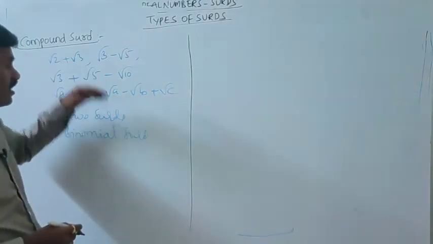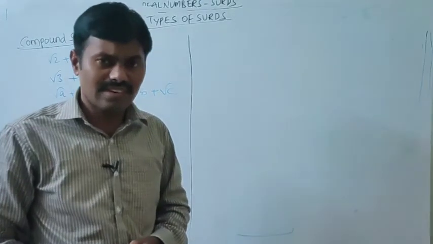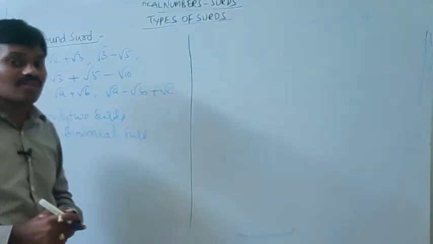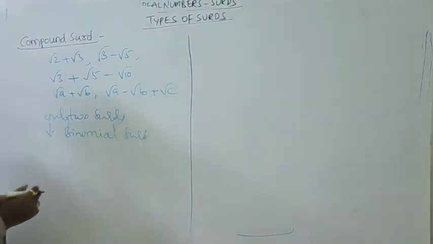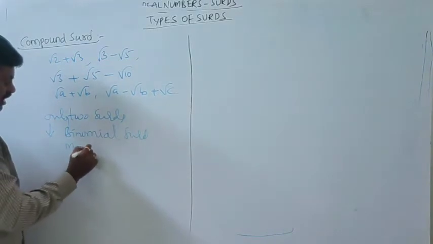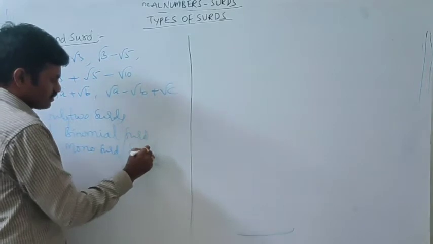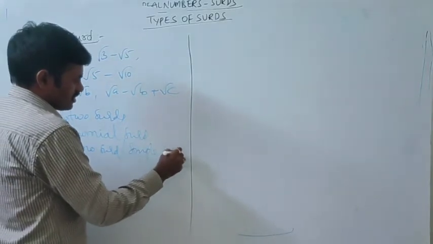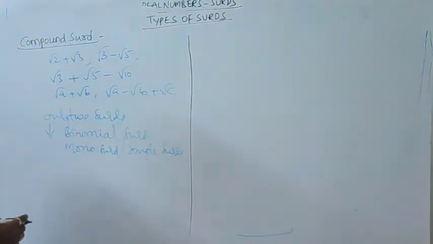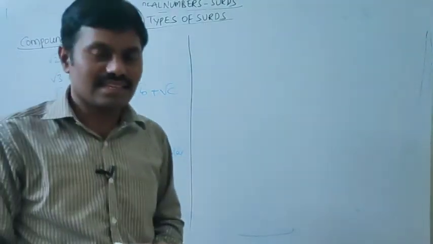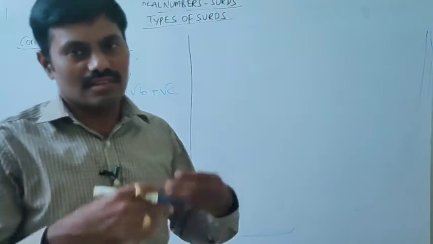If it has only one term, that means only one surd, then such a surd is called a monosurd. The other name of monosurd, as we already discussed, is simple surd. Monosurd or simple surd. If a compound surd has three terms, then we call it a trinomial surd.